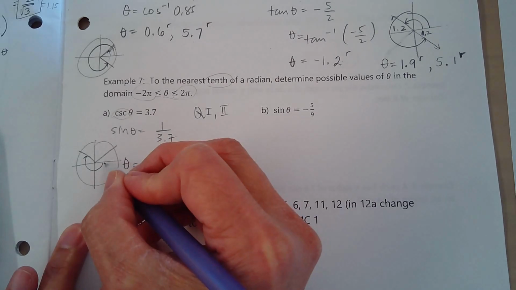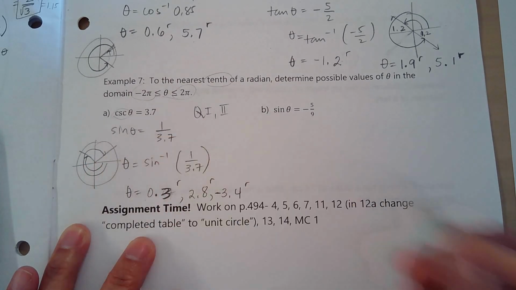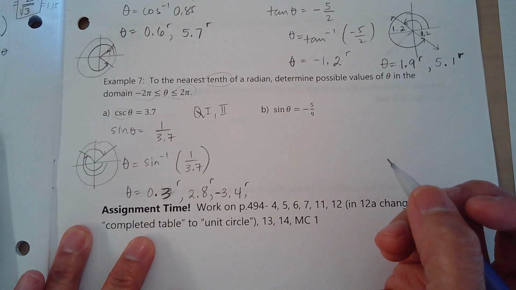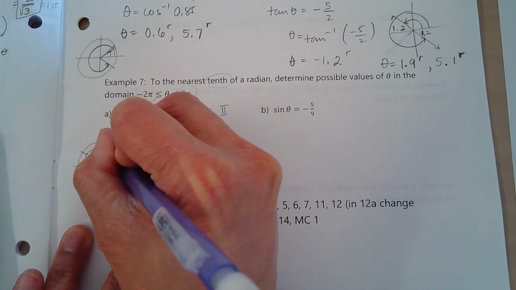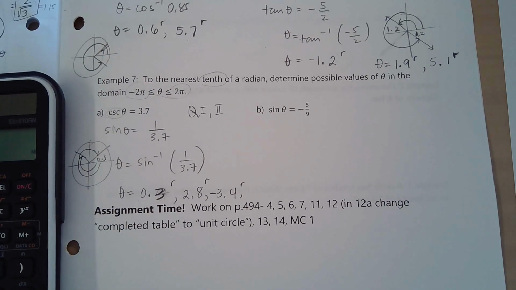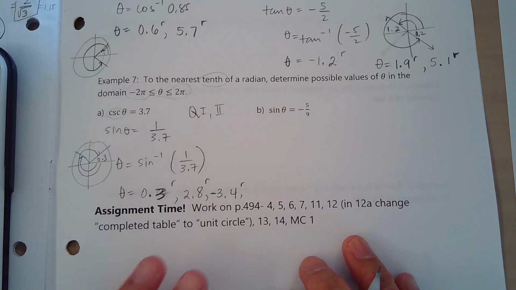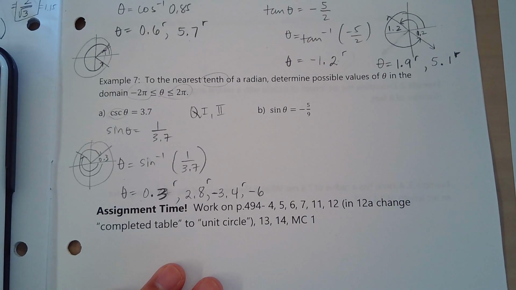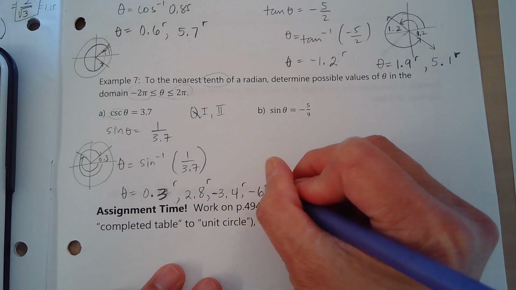And then we go from here to here. It's going to give us 0.3. It's going to be 2 pi minus 0.3. It's going to be 5.98 or negative 6 radians.